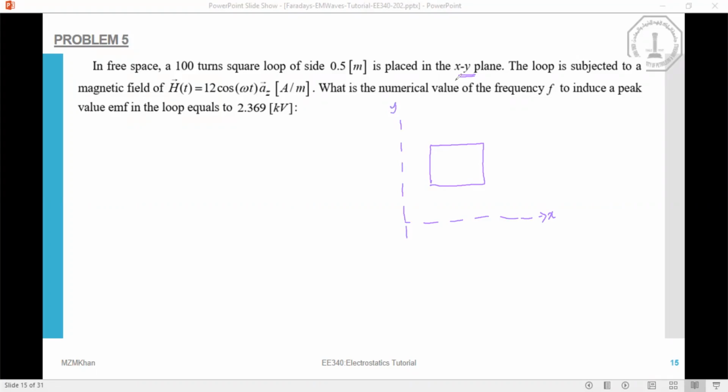To find the flux, and it is 0.5 meter side, so this is 0.5 and this is 0.5. Now you need to find dS. So it is dx dy.